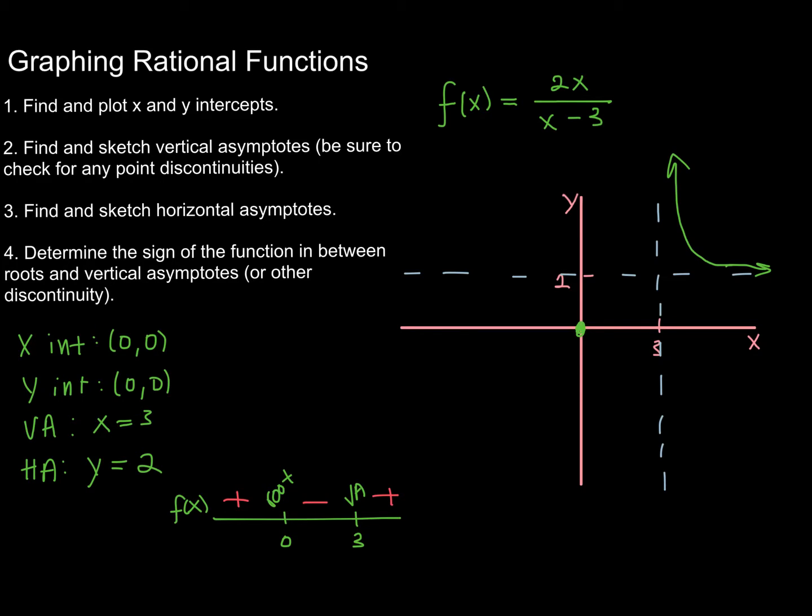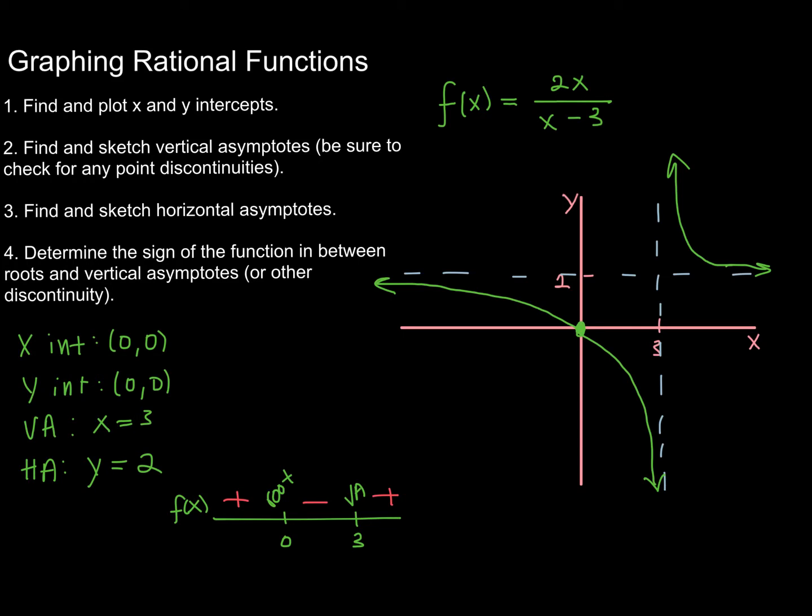In between 0 and 3, I know that my function is going to be negative. So that means leading up to my root, my function is going to be below the x-axis. And as I approach my vertical asymptote, it's going to approach negative infinity. So it will look like that. To the left of my root, I know that my function is positive, so it's above the x-axis, and it's got to approach my horizontal asymptote, so it will look like that.